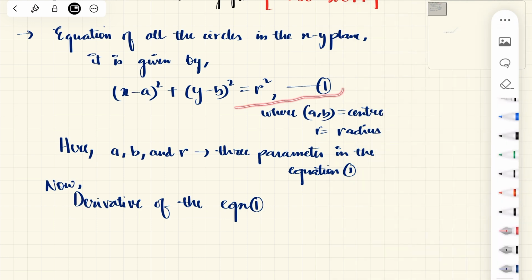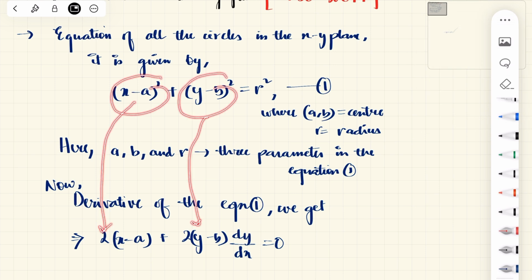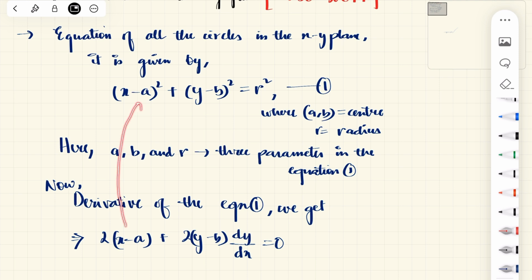So what we get is 2(x - a) + 2(y - b) dy/dx = 0. Why does this become so? Because we differentiate with respect to x. Yes or no? That's how we got this answer.